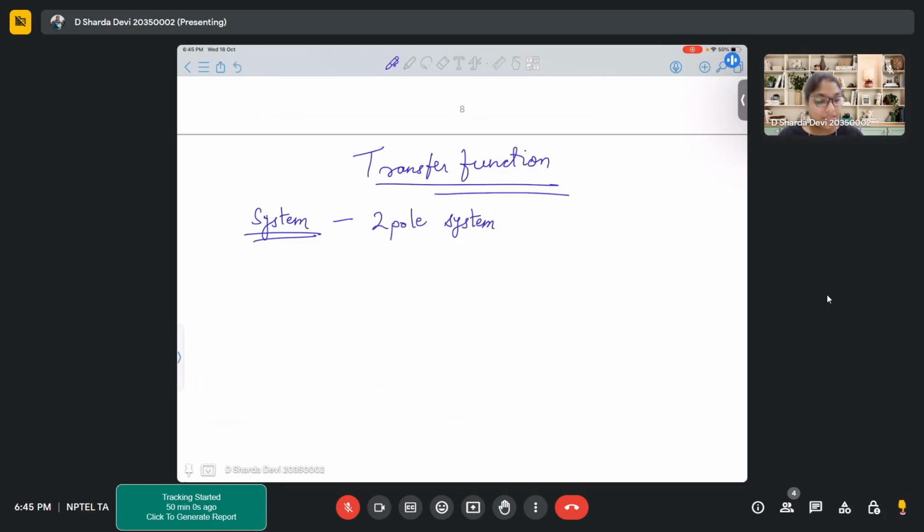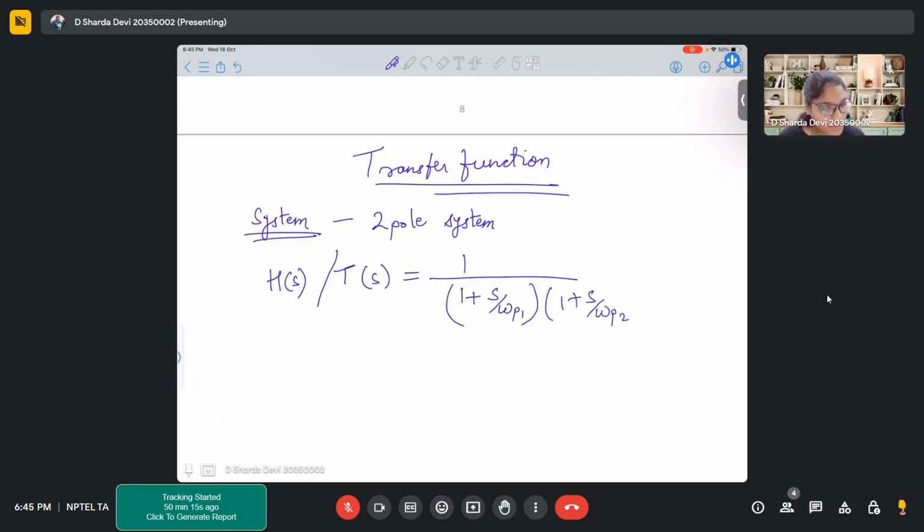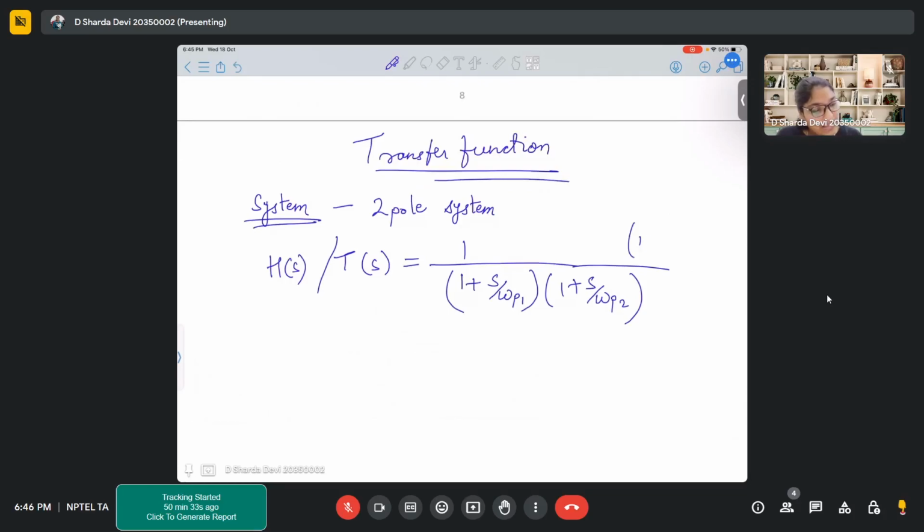The transfer function T(S) or H(S) will be 1 upon (1 plus S by omega P1)(1 plus S by omega P2). This will give you the transfer function with DC gain of 1.